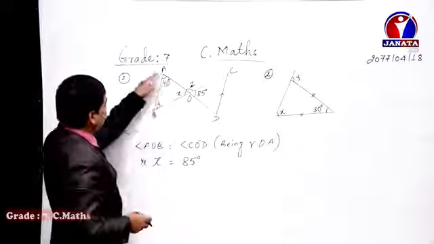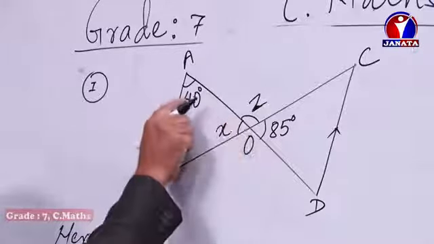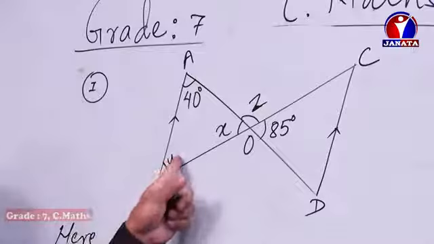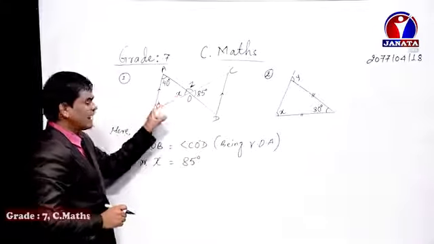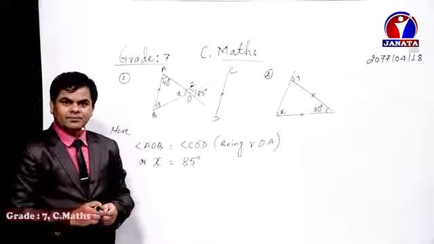So if you see in this triangle AOB, now we have found the value of X as 85 degrees, and one angle is given as 40 degrees. Now can we find out the value of Y? Of course, 40 plus X plus Y equals 180 degrees, being the sum of angles of a triangle.